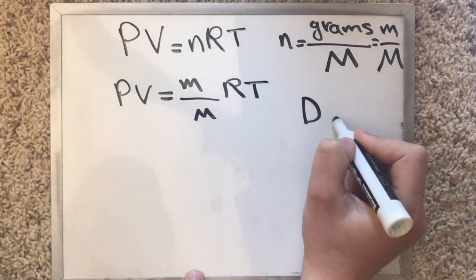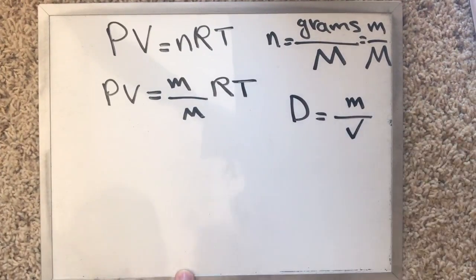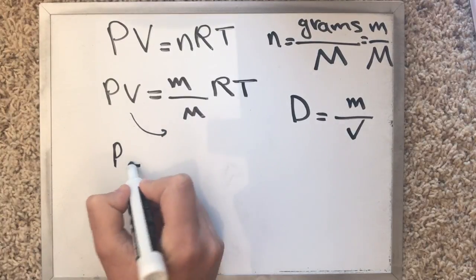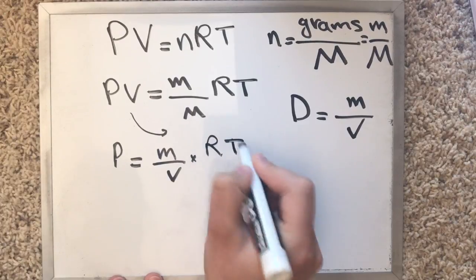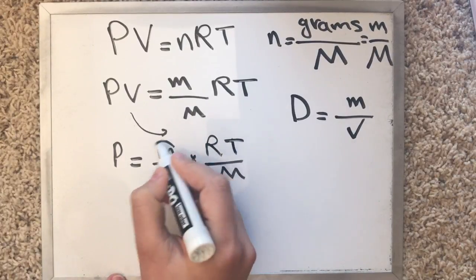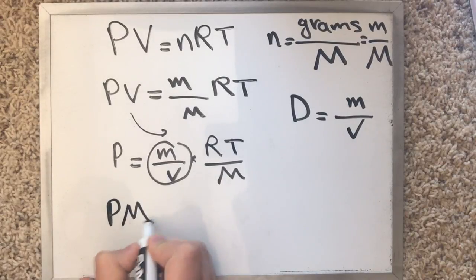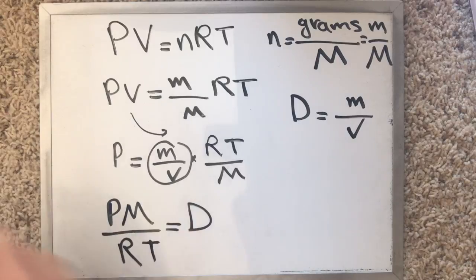And what's density? Density is grams over volume, so it's m over V. For finding this, we're going to put V on the other side. So it's going to be P equals m over V times RT over M. So now this equals density, so it's going to be PM over RT equals density.